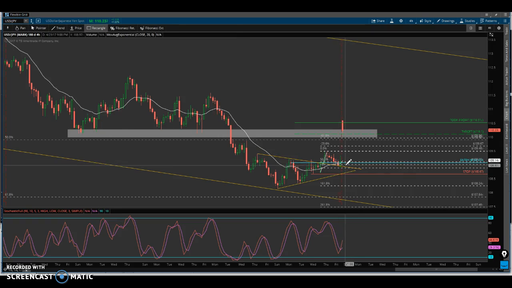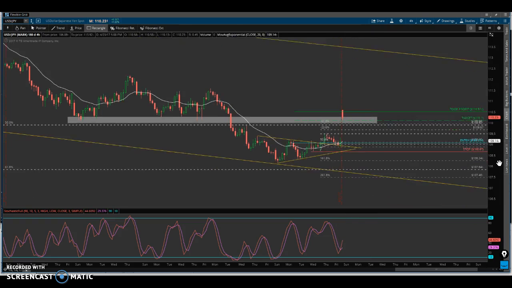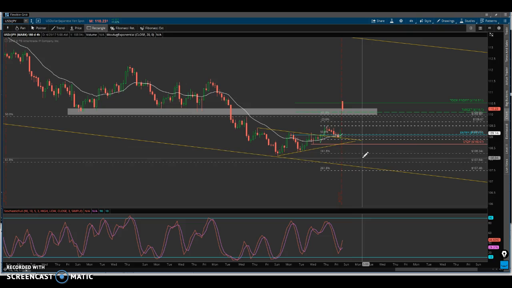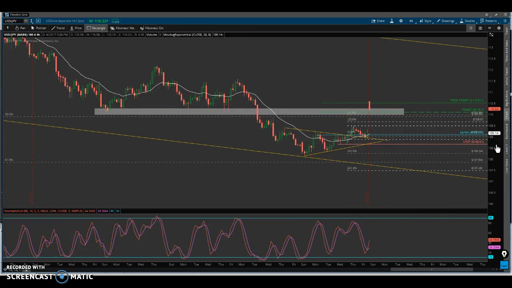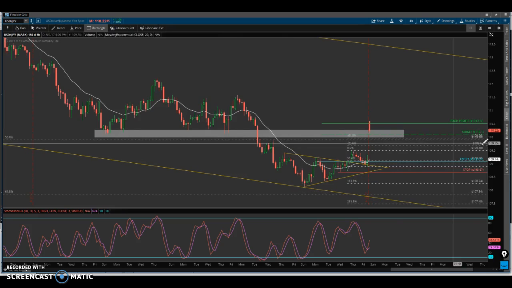I was either going to get taken out on my stop, or even maybe a gap down, or my target was going to be hit. So the market opened, and as soon as it opened, it was above my take profit anyway, so I just went ahead and closed it out.